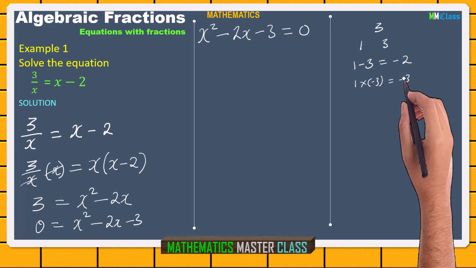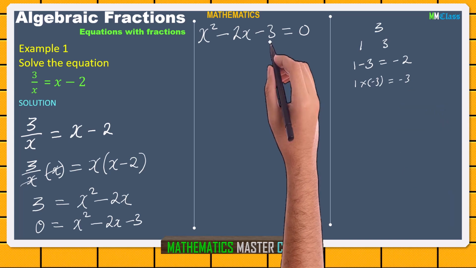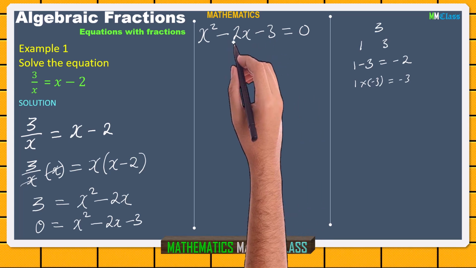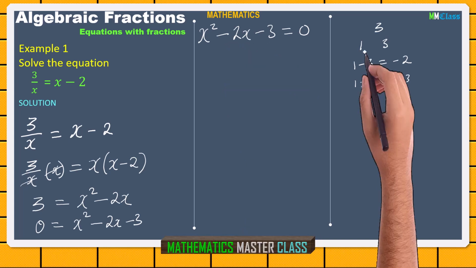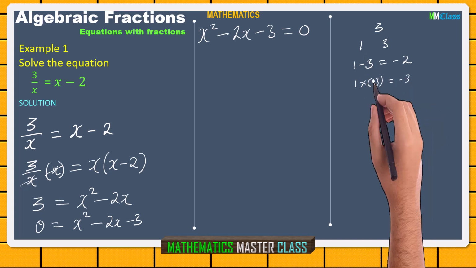The condition says that the two factors of this number here, which is 3, if you multiply them, will give you minus 3, and if you add them, will give you minus 2. So the factors are 1 and 3 itself, but 3 will be a negative number so that we can get minus 2.